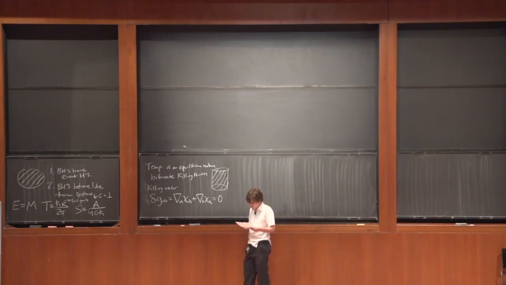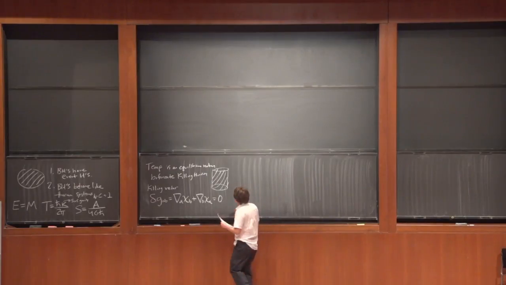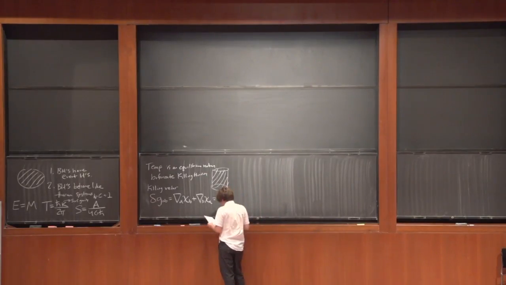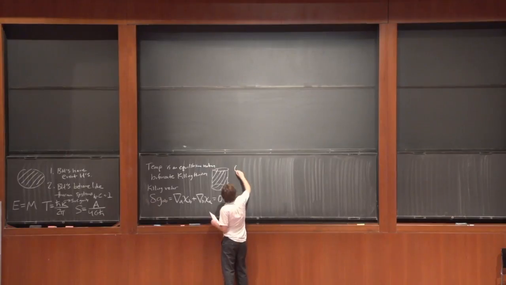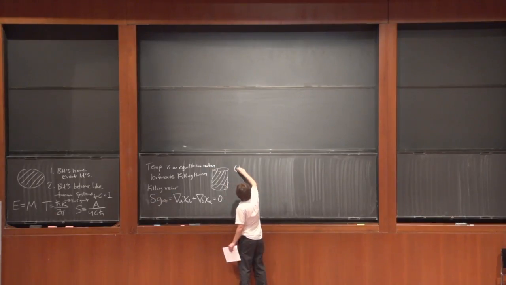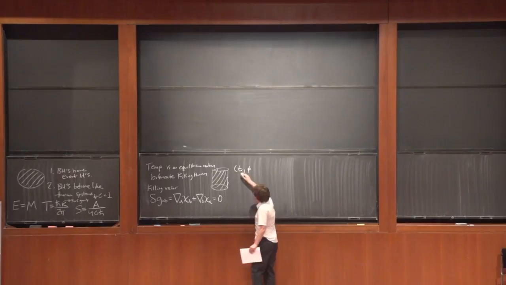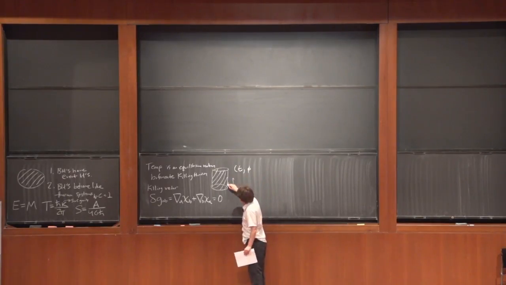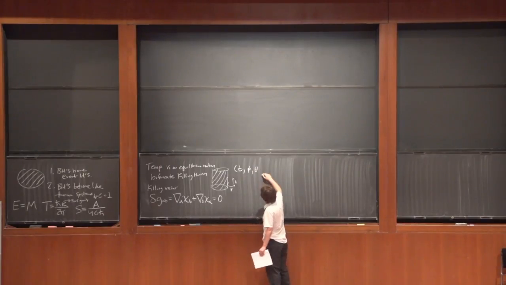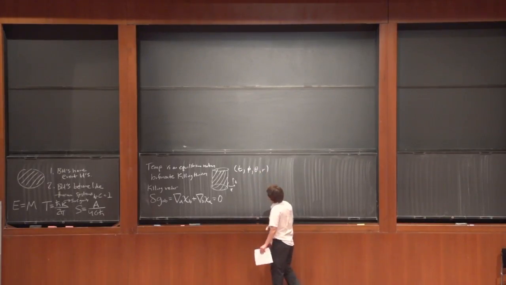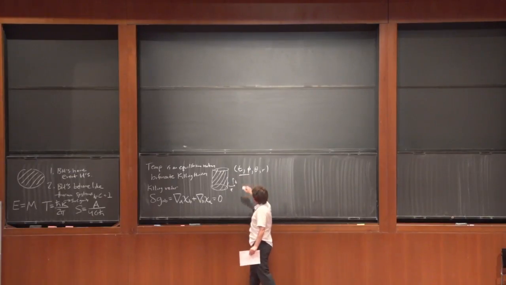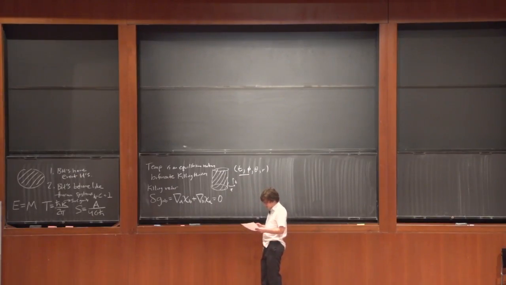So if, for example, we have a coordinate system that has a time and a phi coordinate, and then we have some other angular coordinate and some r coordinate. These coordinates are symmetrical, so we can construct Killing vectors as linear combinations of the time translation or the rotation.